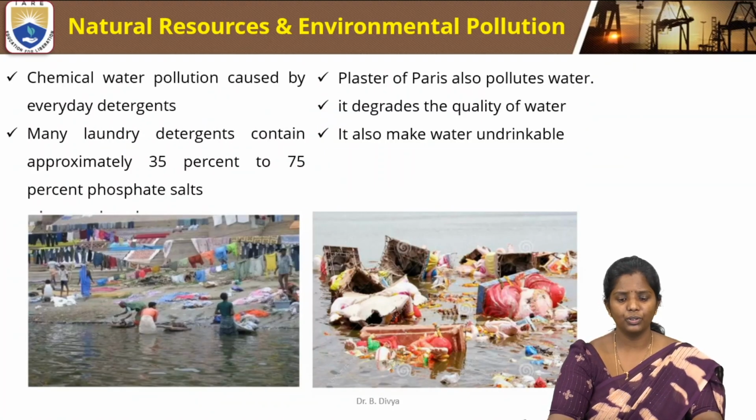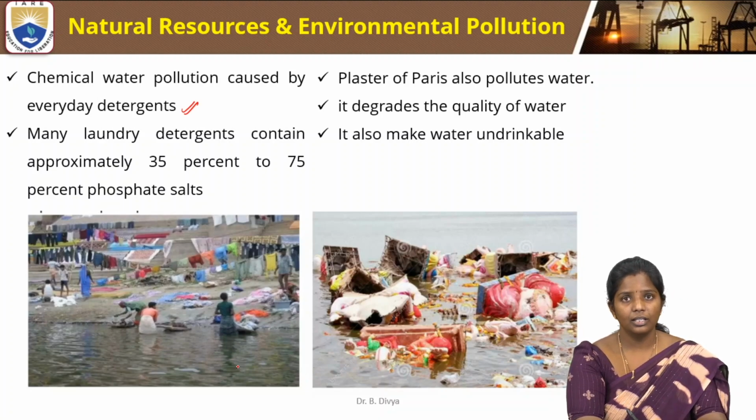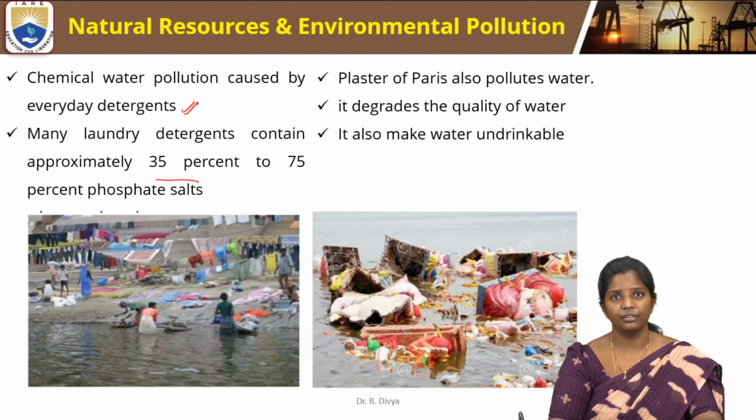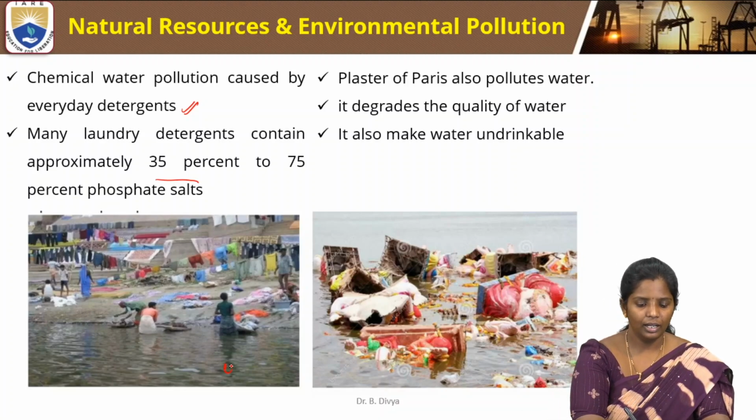This chemical water pollution is caused by some detergents also. For example, laundry detergents contain about 35% to 75% of phosphate salts. These salts dissolve and settle down into the lakes and rivers. Before settling down, they are also carried away to other places, so that the water gets contaminated because of harsh detergents.